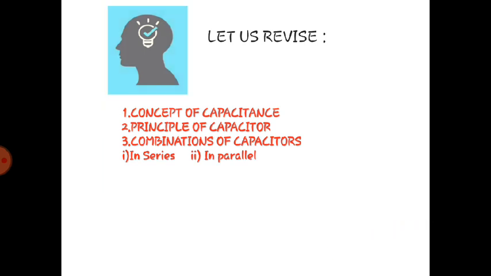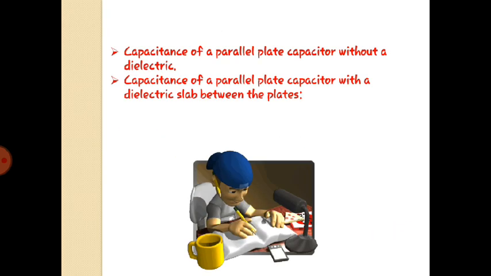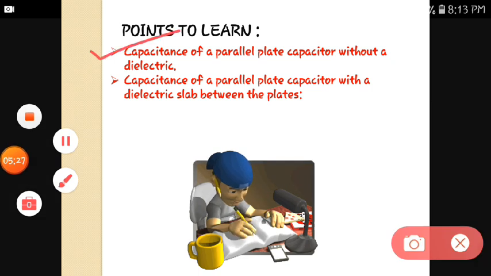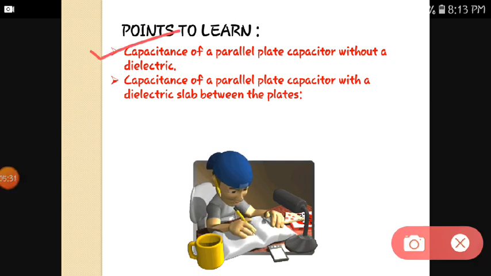Now let us see what we are going to learn today. The first is the capacitance of a parallel plate capacitor without a dielectric. There will be no dielectric medium between the two parallel plates; what will happen to the capacitance?